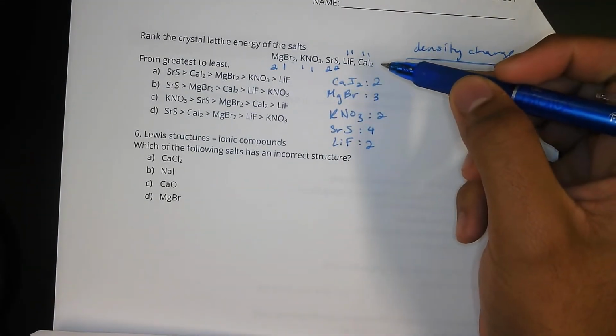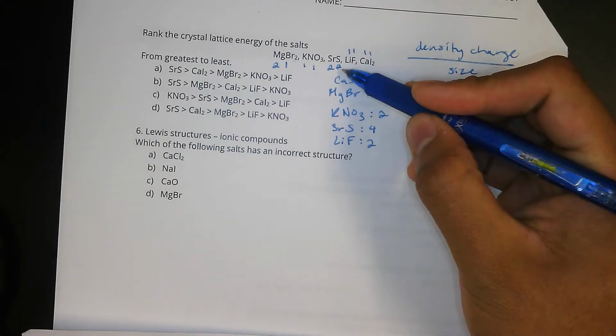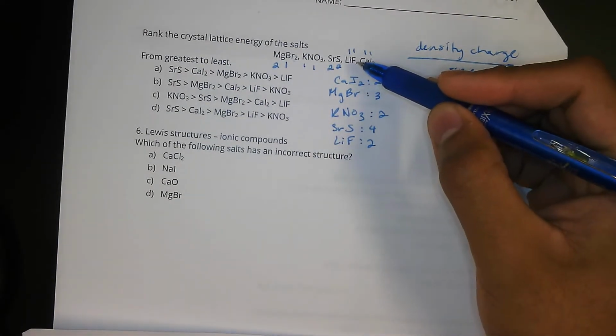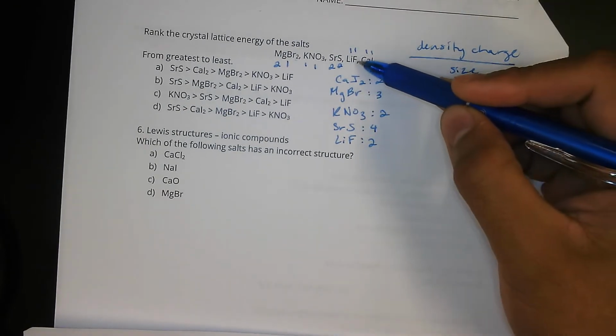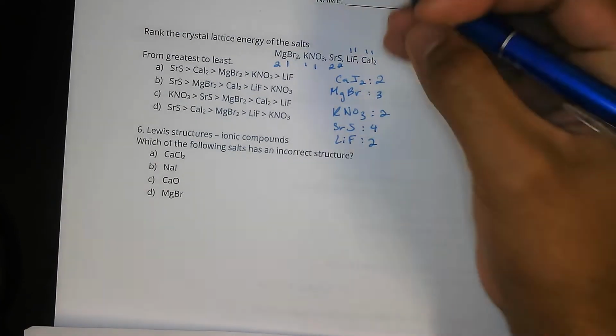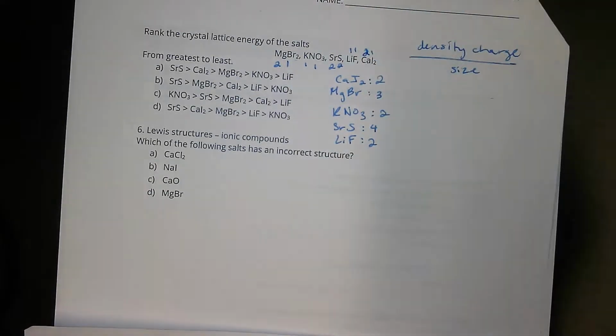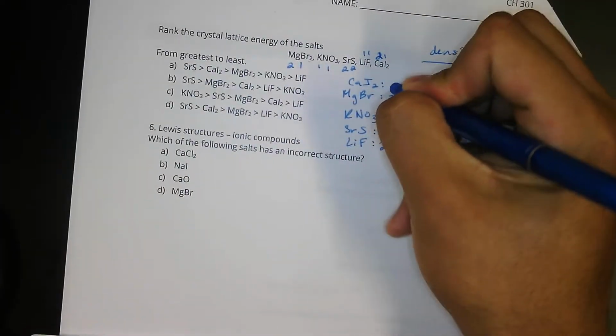Strontium is in group 2, and sulfur is in group 6, so that's 2 and 2 is 4. Lithium is in group 1. Fluorine is in group 7, so it'll have a charge of 1. And calcium is in group 2, so that's where my mistake is. So calcium iodide actually has a charge of 3.